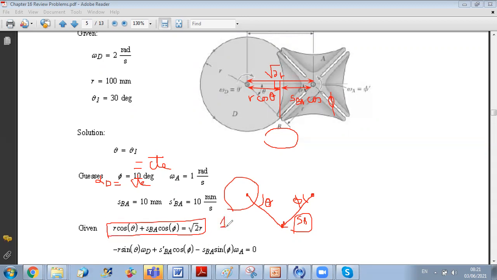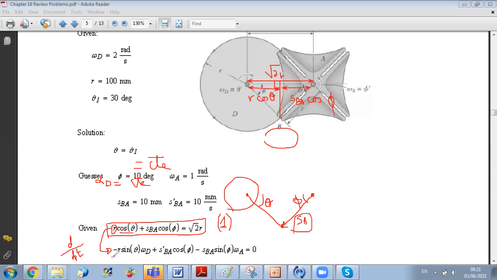Whenever I get a geometrical relation, in order to relate angular velocities, I should derive with respect to time. So now I derive this relation with respect to time. We know that r is constant because it's the radius of wheel D. Cosine theta is a function of theta, so when I derive with respect to time, I use the chain rule.